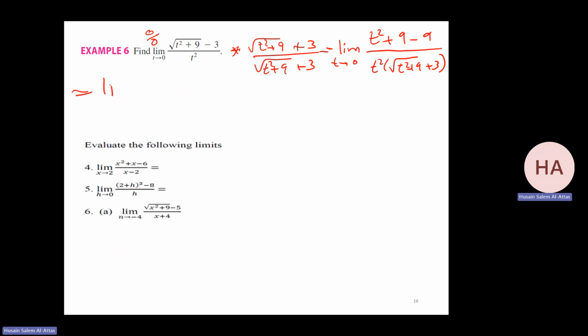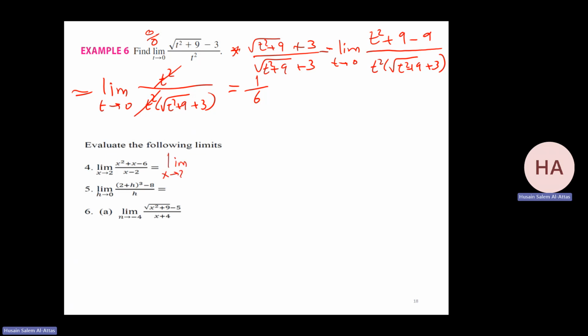Okay. That will be the limit as t goes to 0. I have t squared over t squared. This is cancelled. Substitute, you get 1 over 3 plus 3, 1 over 6. Yeah, that's the answer.